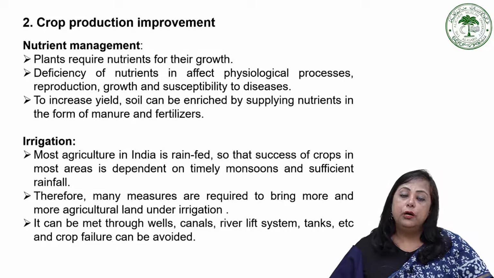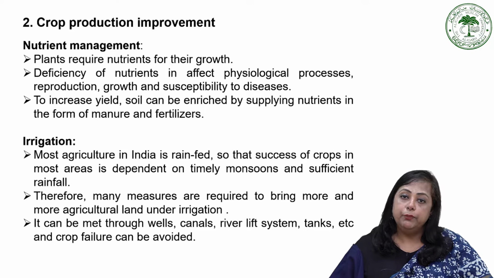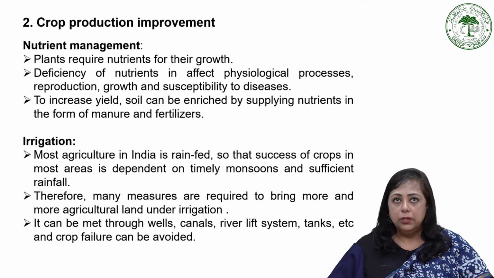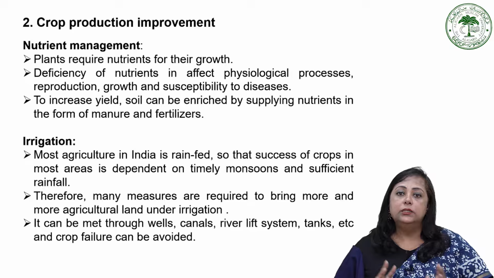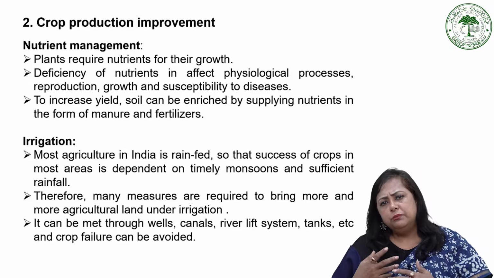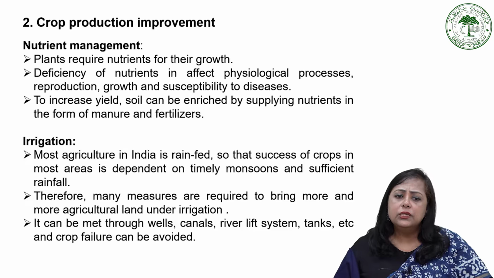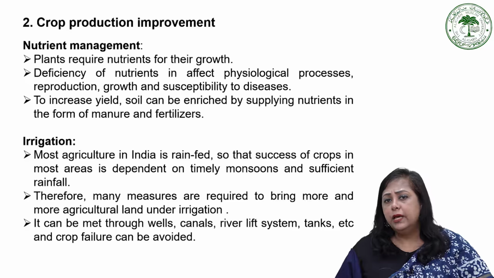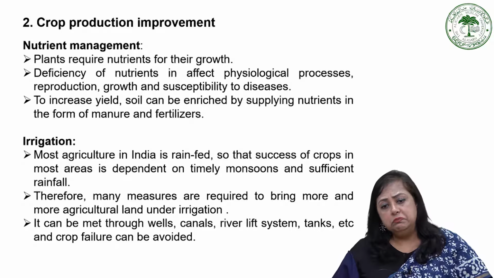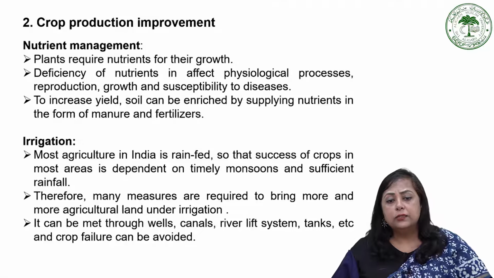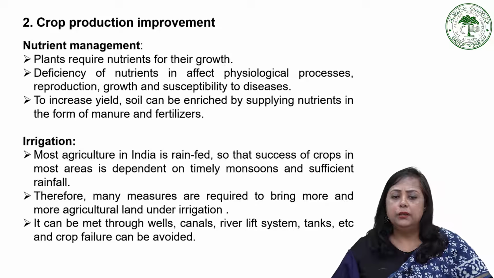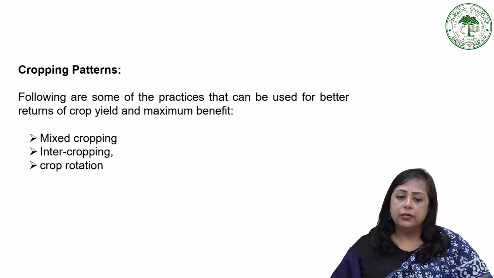We do not have to be totally dependent on rainwater, because of climate change there are uncertain rains, droughts, and floods. These are the issues we have to deal with. So if the agricultural fields are rain fed, then we should manage canals, rivers, lift systems, tanks, so that crop failure can be avoided.